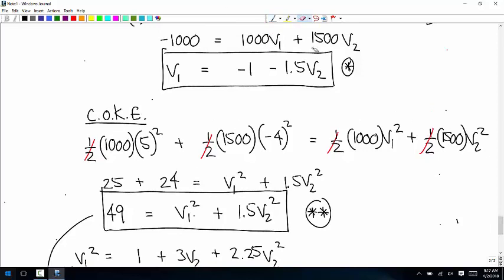What's negative 1 minus 1.5 times 3.2? 4.8. So negative 5.8.